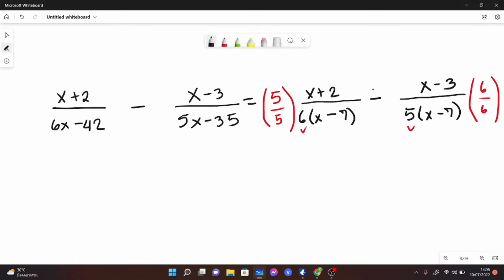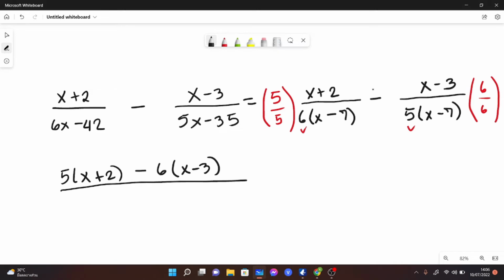So we have 5 times quantity x plus 2 minus 6 times quantity x minus 3. 5 times 6 is 30. Then we have x minus 7.